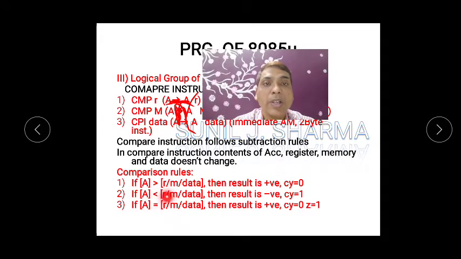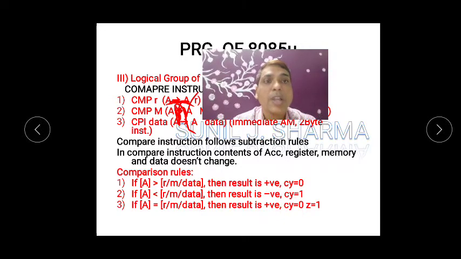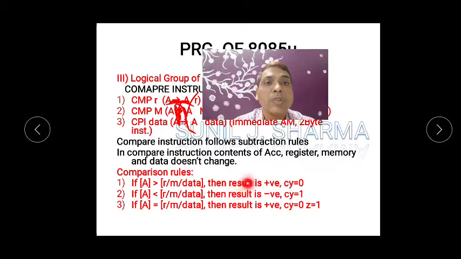If accumulator contents are less than any of the three, the result is going to be negative and the carry flag is to be 1. If both are equal, the result is going to be positive because 0 is considered positive, but in this case the zero flag will be set. I hope you understood these three rules.